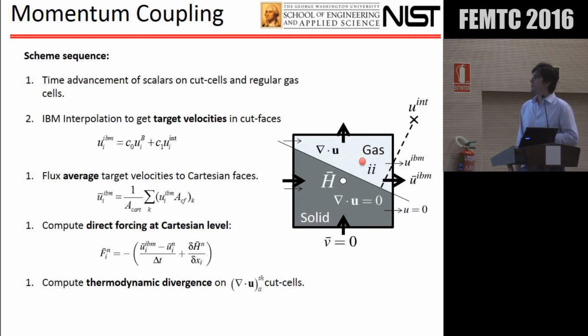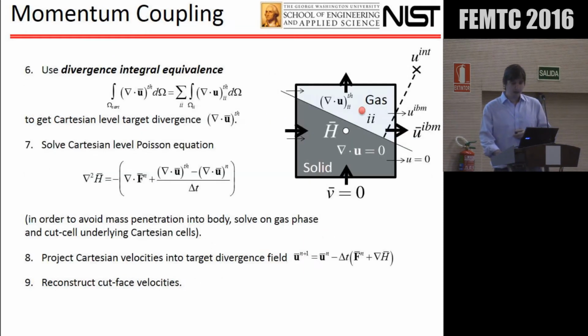And we can compute what's called the direct forcing force for that particular cell. And this is, in fact, being used in order to do this advancement of the equations through a projection. We can also compute the thermodynamic divergence, as we said, on the cut cells. And we translate from the set of cut cells that live on this Cartesian cell, this divergence to the cell using a divergent integral equality equivalence argument.